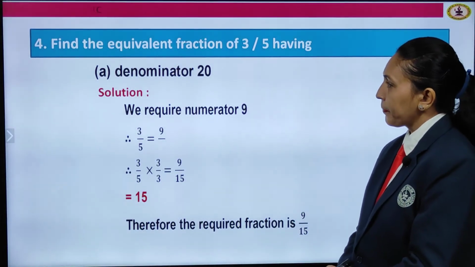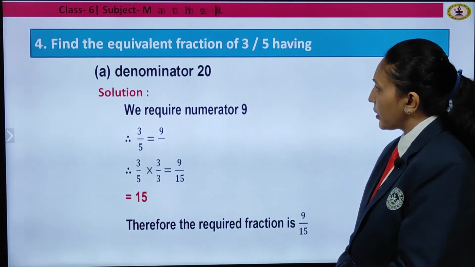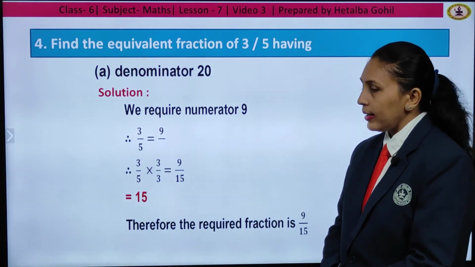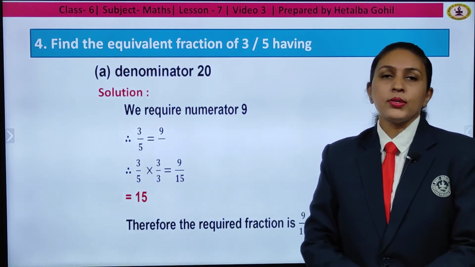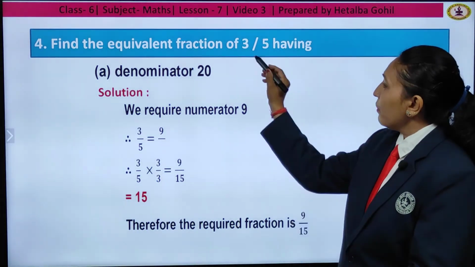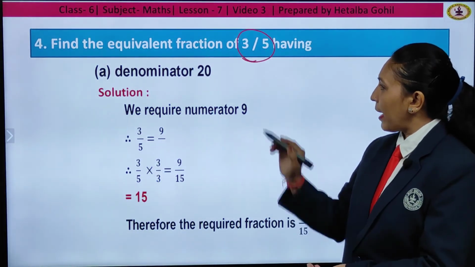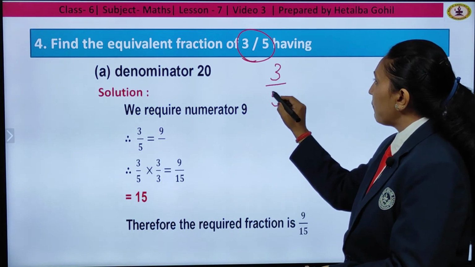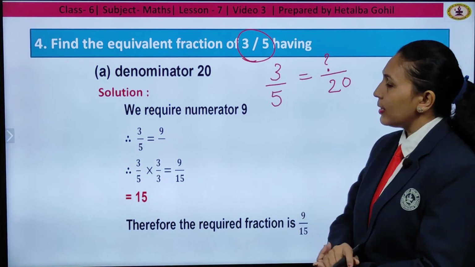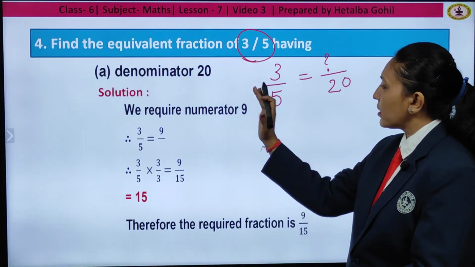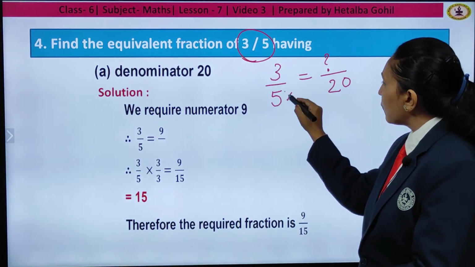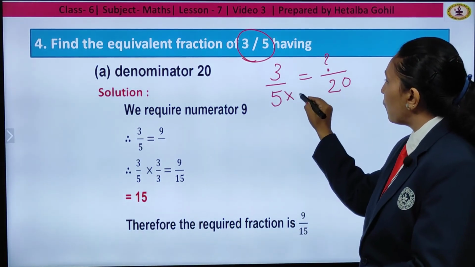So you can also multiply and divide the same number to the numerator and denominator to get the equivalent fraction. Now find the equivalent fraction of 3 by 5 having denominator 20. Now children, we are asked to find the equivalent fraction, but the condition is given that we have to take 3 by 5 equal to something upon 20, but there is no number in the numerator. So as a base, the fraction given to us is 3 by 5. Now what did I multiply to 5 to get 20 children? 4.